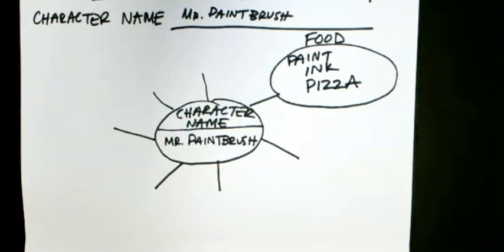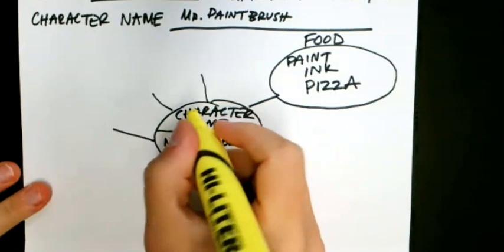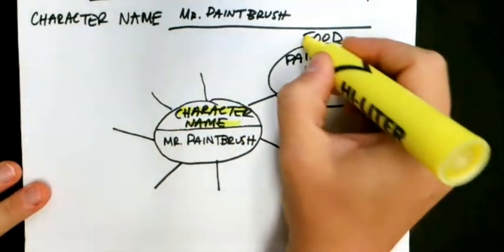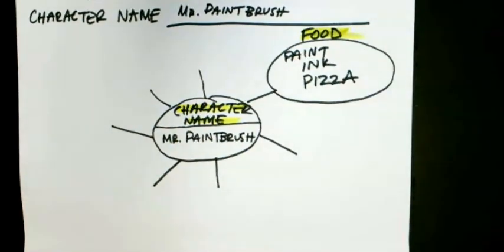They don't have to be things that you follow through on, but 2 ideas or more of what your character eats. And I'm going to highlight these so you know that's just like the topic, not the part of the brainstorm.